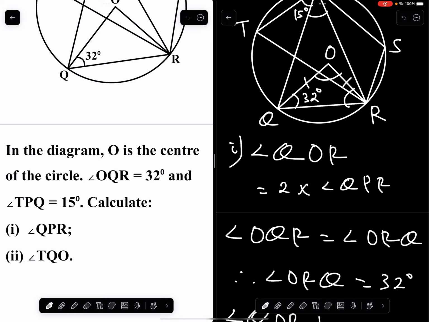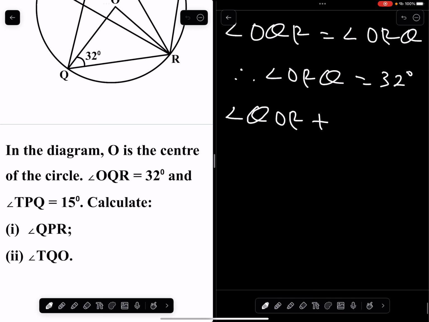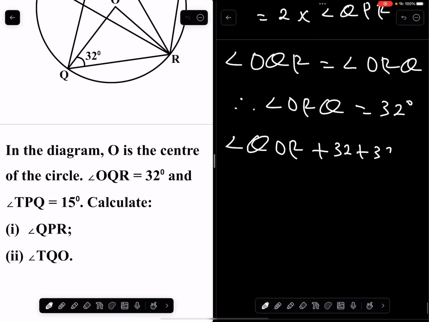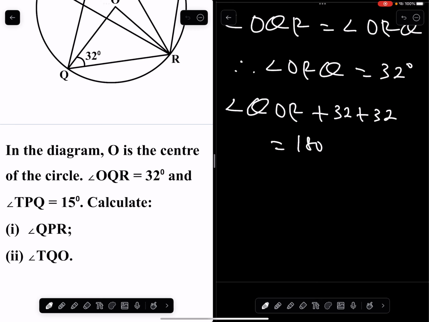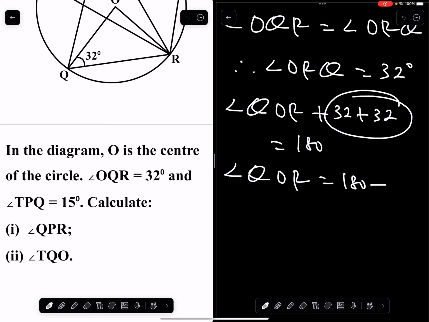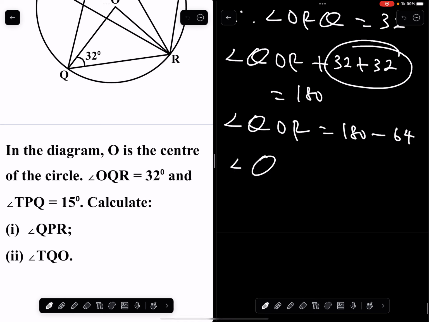That means angle QOR plus angle OQR plus angle ORQ equals 180 degrees, the sum of angles in a triangle. So angle QOR equals 180 minus (32 plus 32), which is 64. When you move that to the right hand side, it becomes minus 64. So angle QOR equals 180 minus 64, which is 116 degrees.